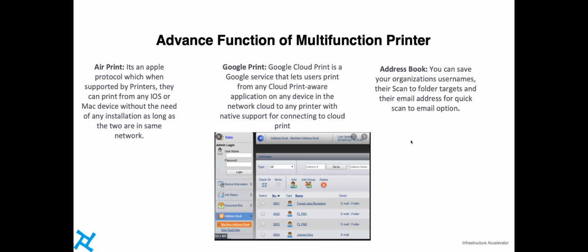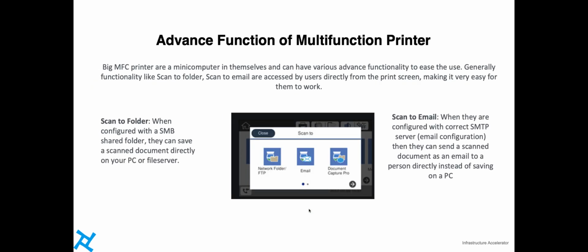Address book. You can save your organization's usernames, their scan to folder targets, and their email addresses for quick options. So below here, this is an address book. So like I said, there are scan to email and scan to folder configurations which are available. So if there are 20 users in the office, everybody can have a different folder where they want to have their scans received.